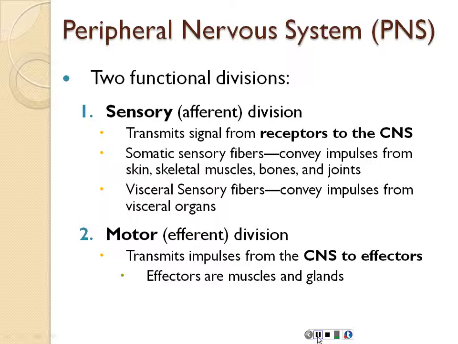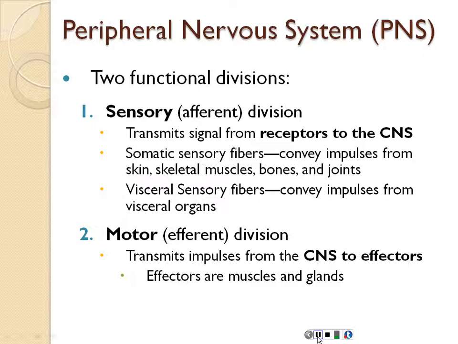Good. Control center, command center, integration center. Does everybody understand why? What is it doing? Right, it sends out signals, but it also receives signals and makes sense of the signals, interprets the signals that come in to the CNS from the rest of the body. Okay?